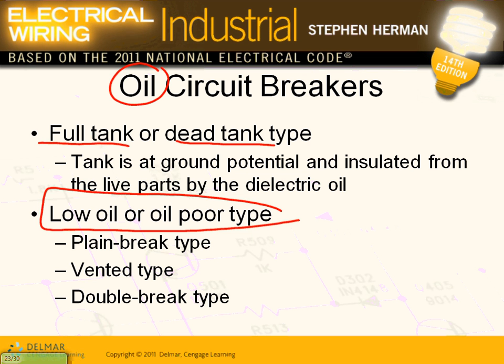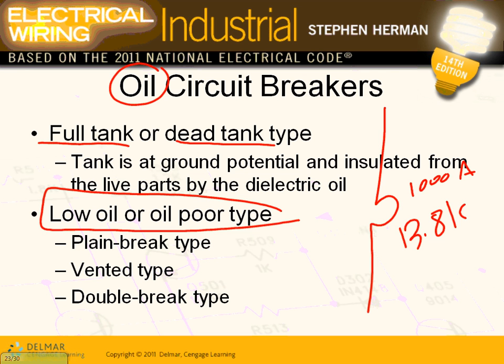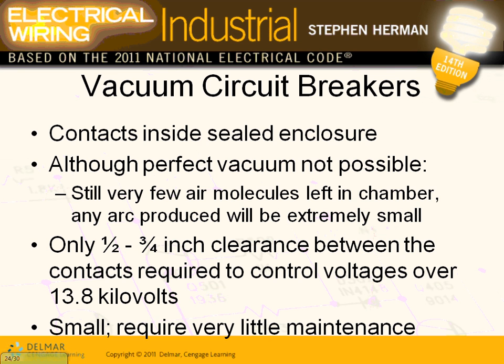Really, these are technologies for extinguishing this huge, magnificent arc that you're coming with. So I have a medium voltage circuit breaker. Let's say it's a 1,000 amp circuit breaker, and let's say the voltage is 13.8 K, and I have a short circuit, and it's an oil circuit breaker. The contacts are inside the oil. So we'll look at these.